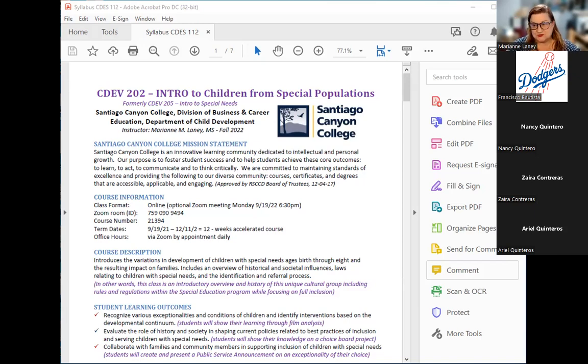So if you are interested in getting a certificate of achievement in special needs, make sure that you take the 202 or 203 here, or the 206 or 207 over there, and it is taught by the exact same professor. It's just numbers, so just ignore the numbers and just take the classes.